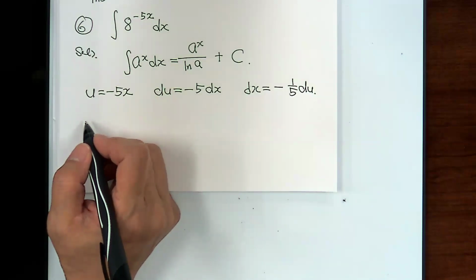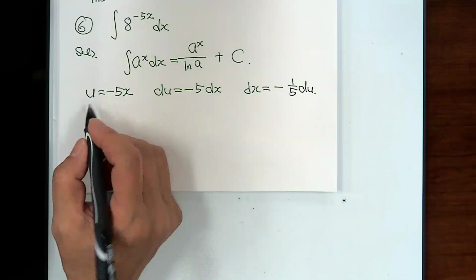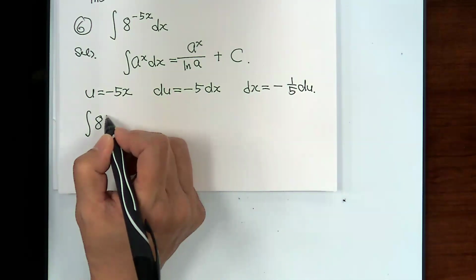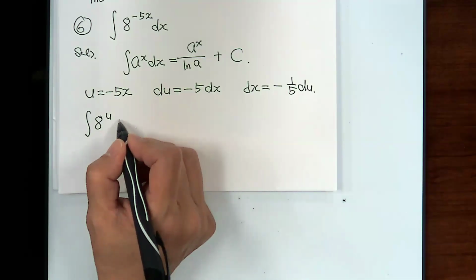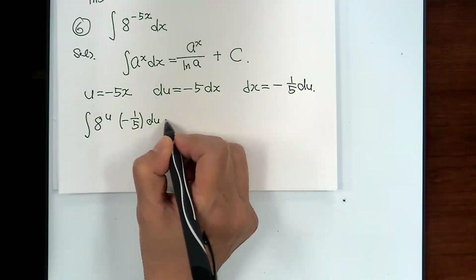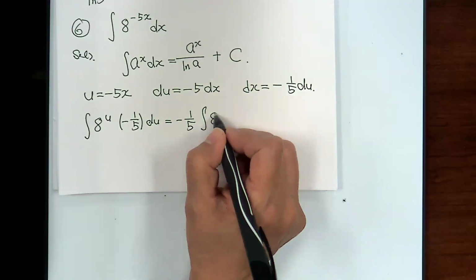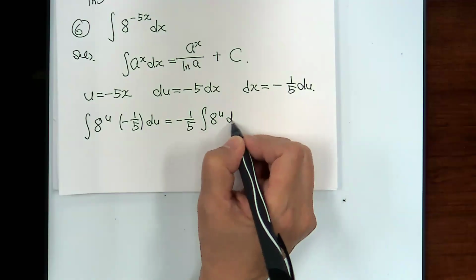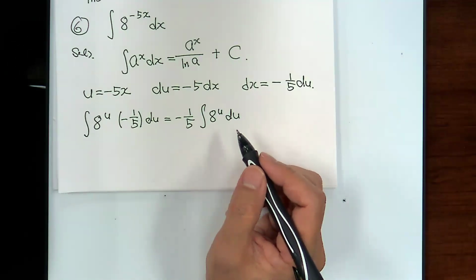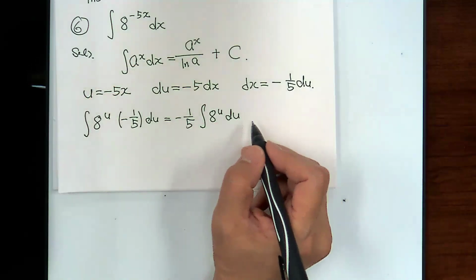So we have the integral of a to the minus 5x dx. So we have the integral of a to the u, and dx is minus 1 over 5 du. So that is minus 1 over 5 times the integral of a to the u du. So we could convert the given form into the formula form.